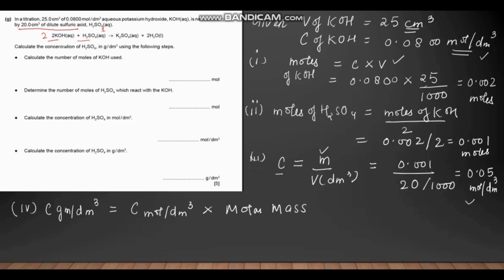So concentration in mole per decimeter cube is 0.05 multiplied by molar mass of H2SO4, which is 98, and the answer will be 4.9 grams per decimeter cube. We got all the four answers over here.